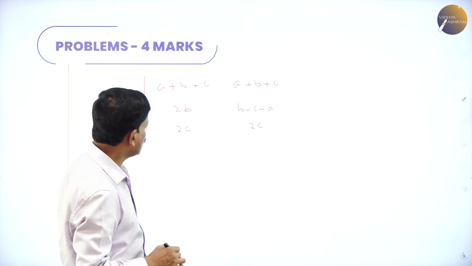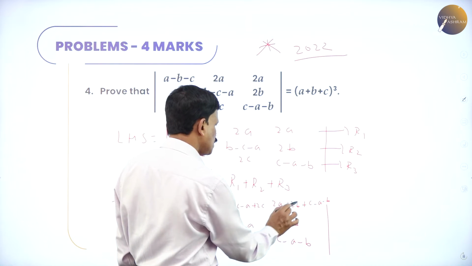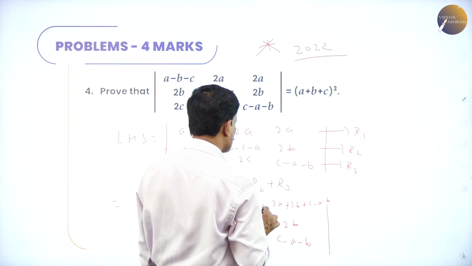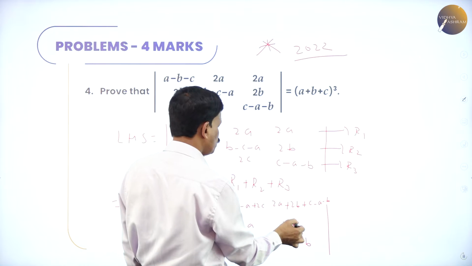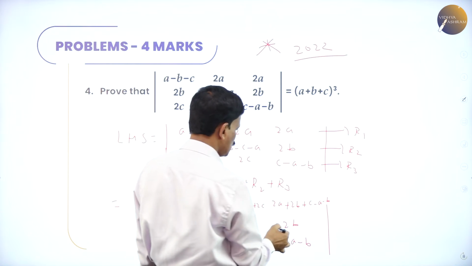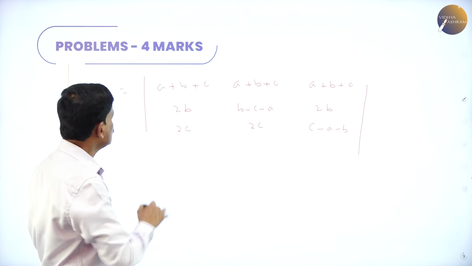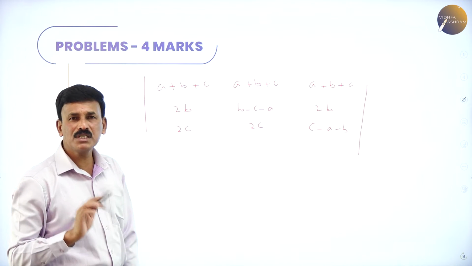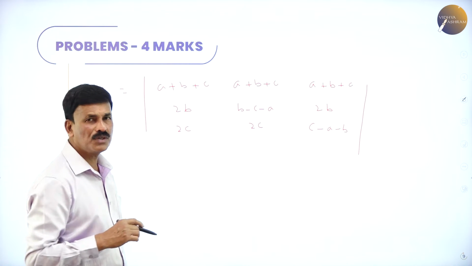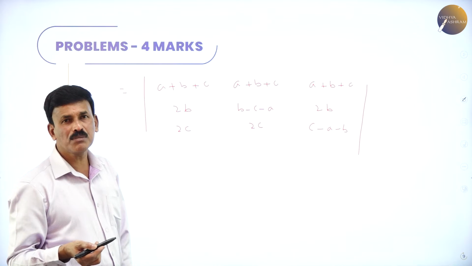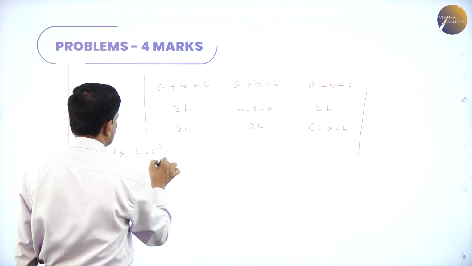Okay. Now let us come to the next. So here also 2A minus A is A, 2B minus B is B, again plus C as it is. So this is also A plus B plus C, and 2B, then C minus A minus B, C minus A minus B. So the intention is to convert all the elements in row 1 to A plus B plus C. All the elements in row 1 are the same, so that you can easily remove A plus B plus C as the common factor.